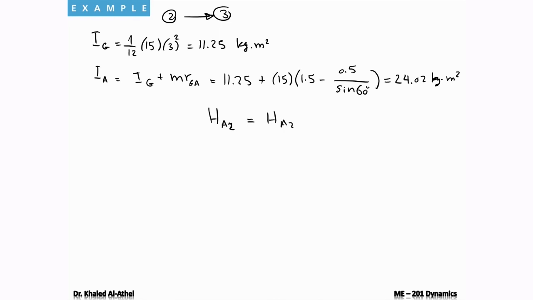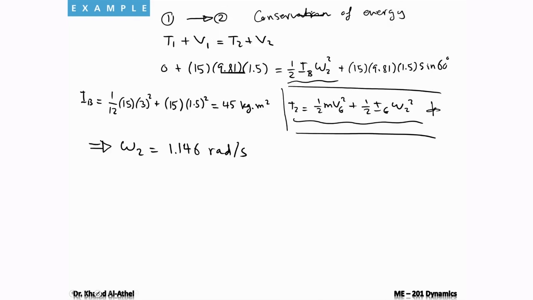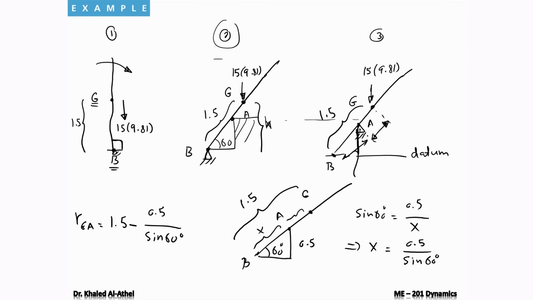So I'm going to write this H2 and H3. Okay, so at H2, at location 2, what do I have now? I have the velocity of the center of mass when it was falling. So let me clear some of these things just to make it clear. So I don't need these any longer. Okay, same thing. We already discussed this, so we know.